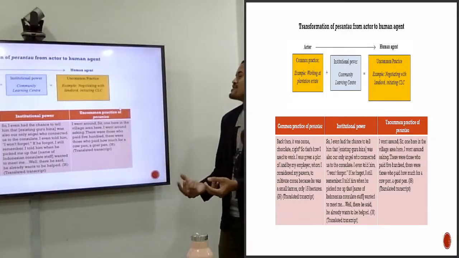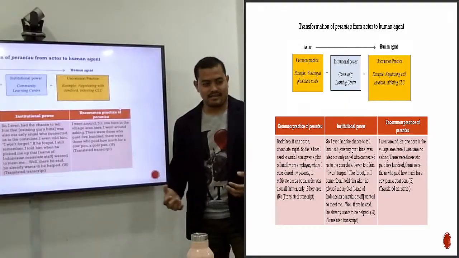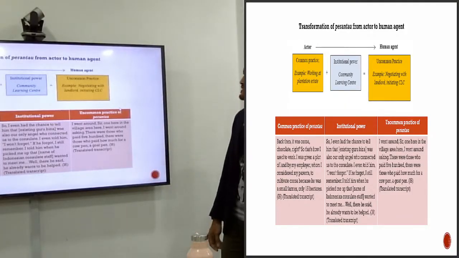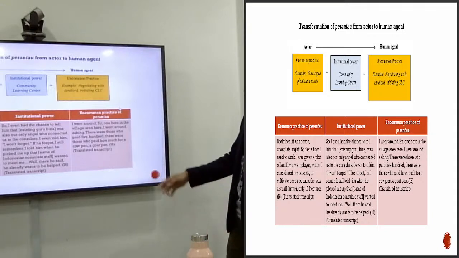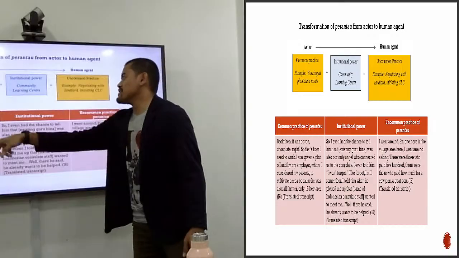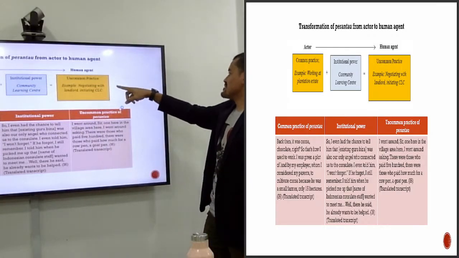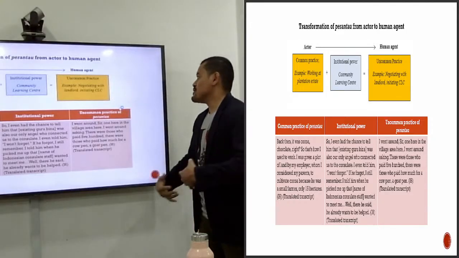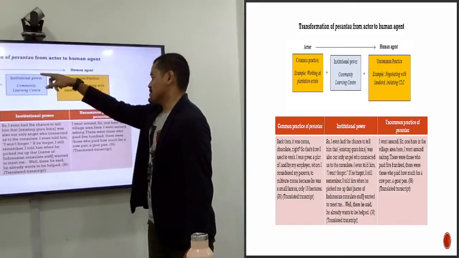So using this model allows them to practice uncommon practices. These are examples of the transformation of perantau from actor to human agent. The common practice of perantau is working at the plantation estate, but the uncommon practice of perantau is that they talk to the landlord and initiate CLCs, because of the existence of institutional power.